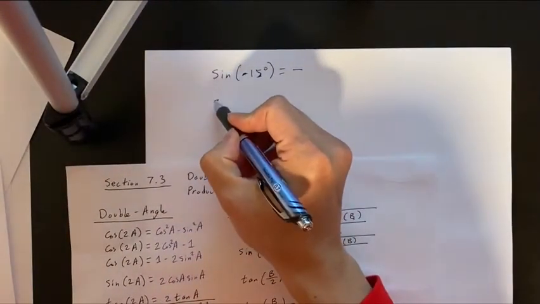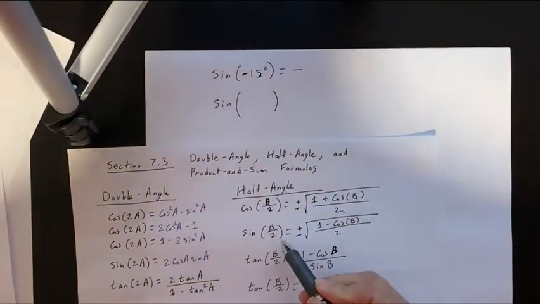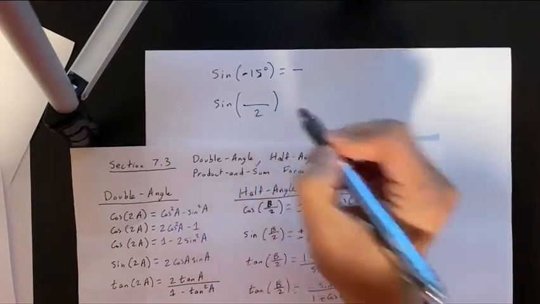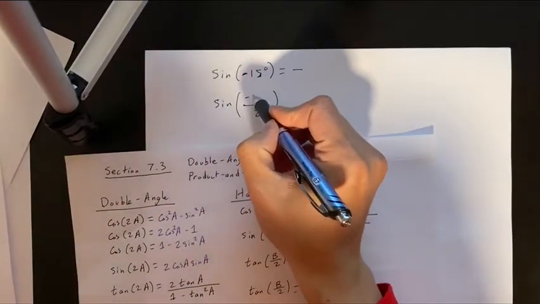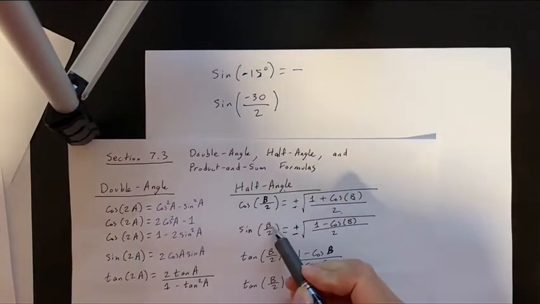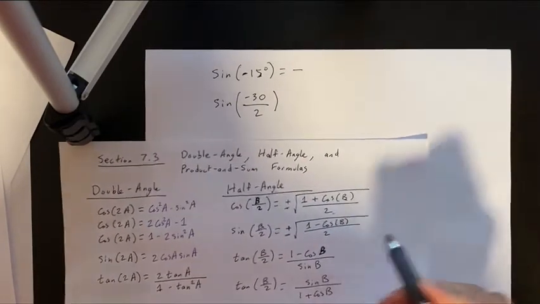Now let's apply the half angle formula. To apply the half angle formula, I have to view this negative 15 as half of something. And negative 15 is half of negative 30. So once I view that as half of negative 30, my b is negative 30. I'm just going to follow this formula right here.